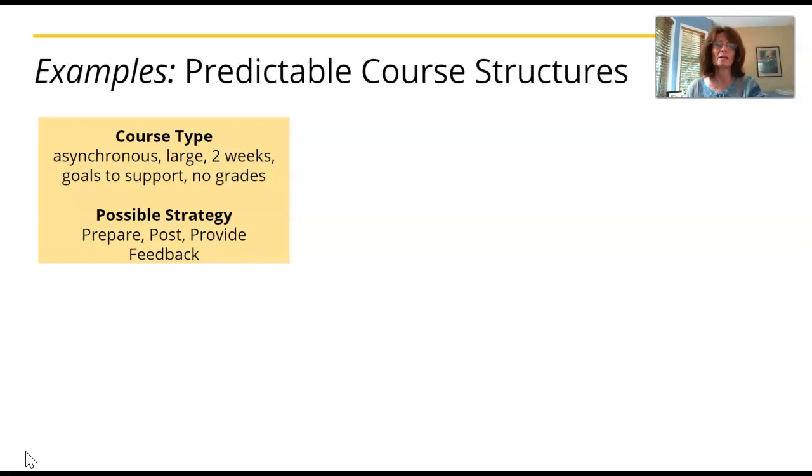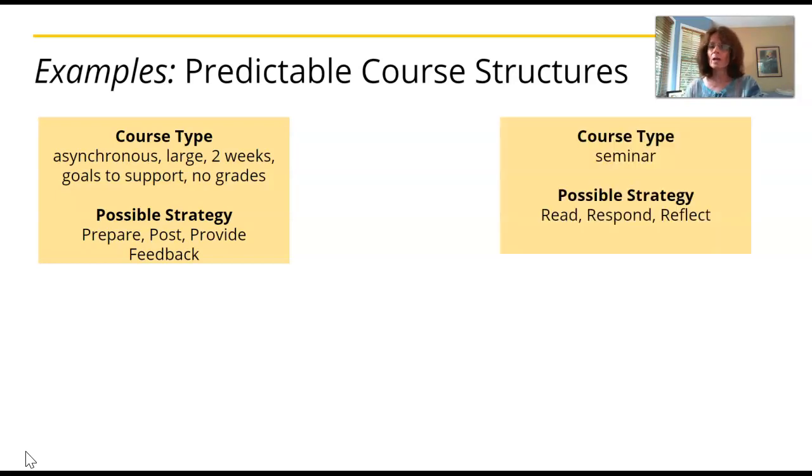So obviously we designed a course structure suitable to that, and our strategy is prepare, post, and then provide feedback. Not only are we talking about getting you the content, but we're really making sure our structure has a place for you to interact not with just the content but also with other students and with the instructors.